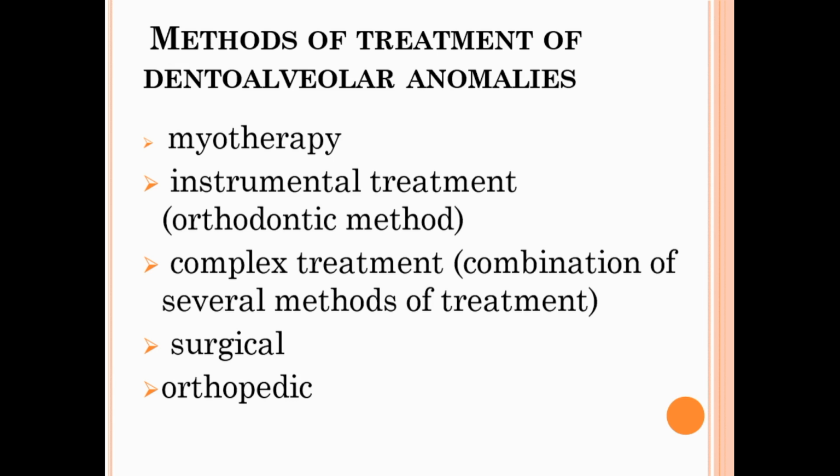Every type of dental-alveolar anomaly treatment can be used as a primary or additional method of treatment depending on the age, the period of occlusion, the degree of pathology severity.